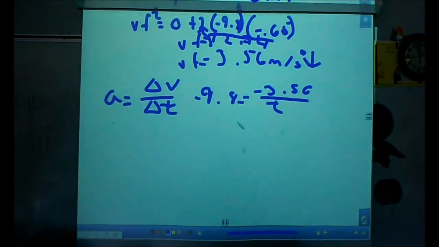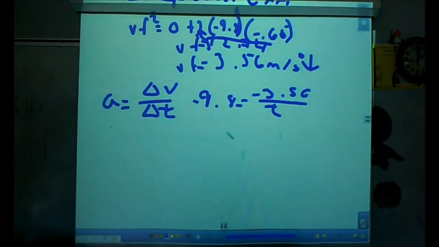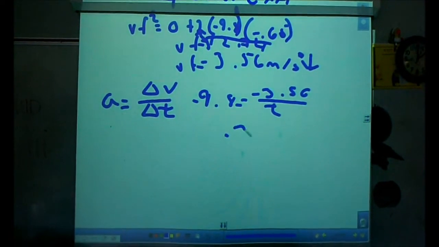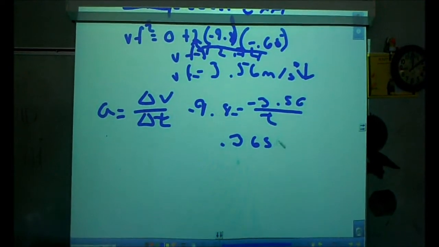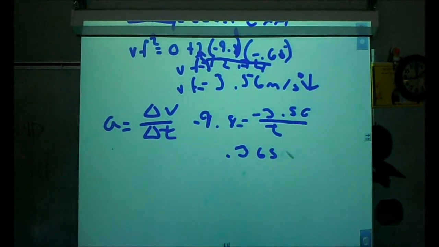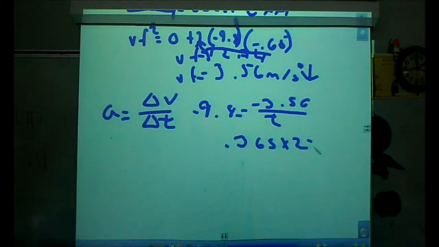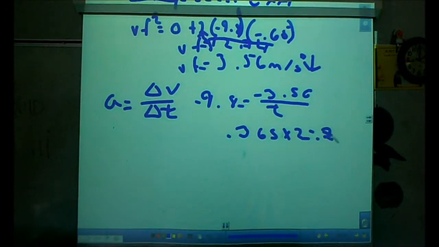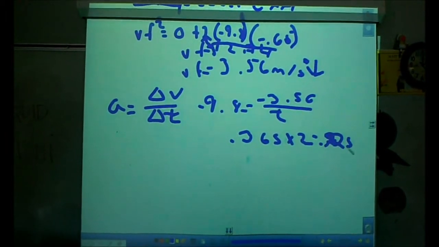So what you need to do is divide negative 3.56 by negative 9.8, and you would get 0.36 seconds. That's just the time it took to get to the maximum height. You need the time that it takes to get up and down. So you multiply that by 2, and you would get 0.72 seconds.